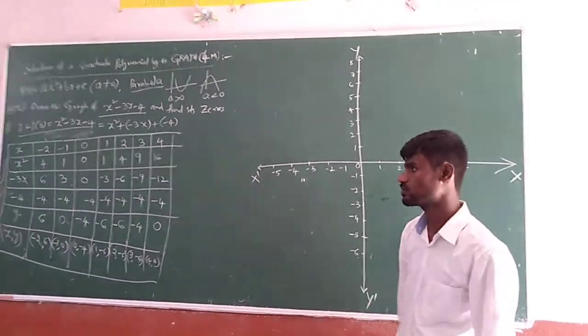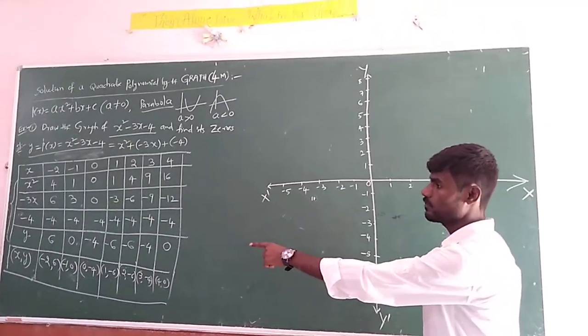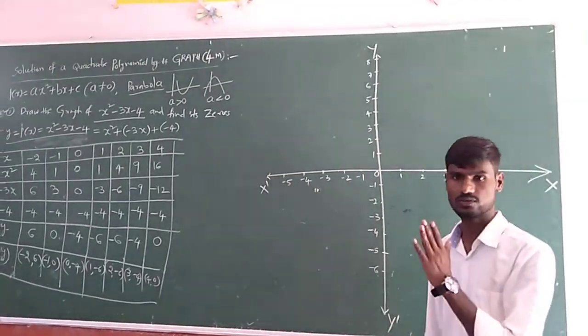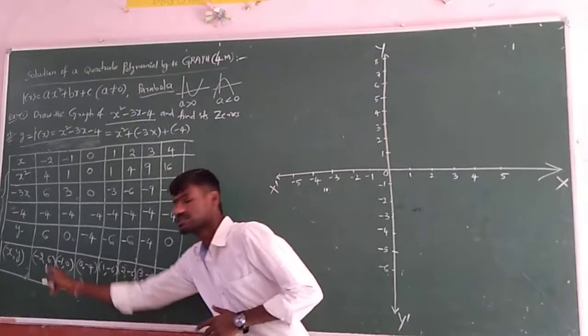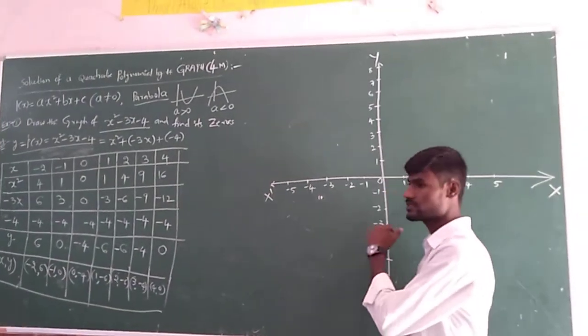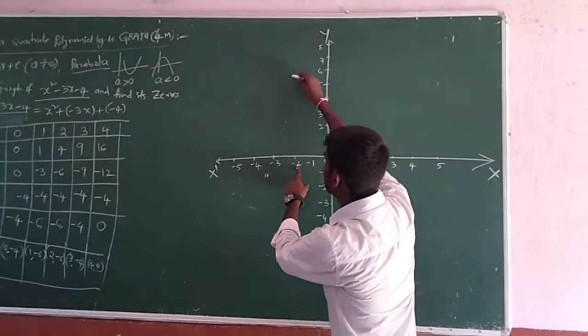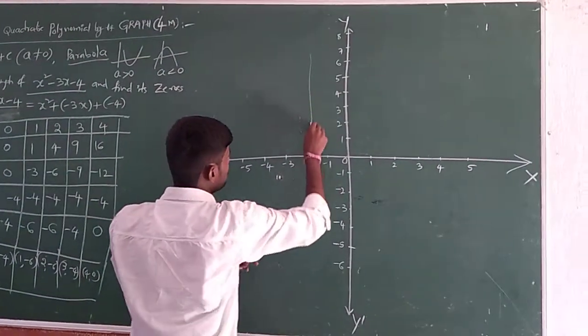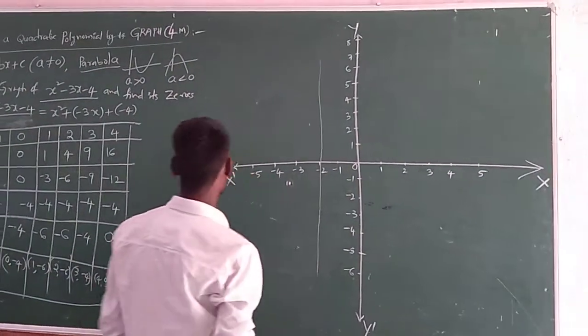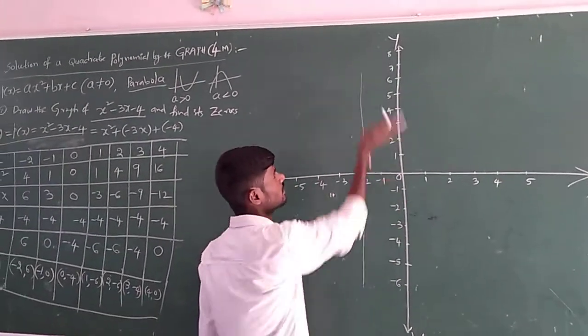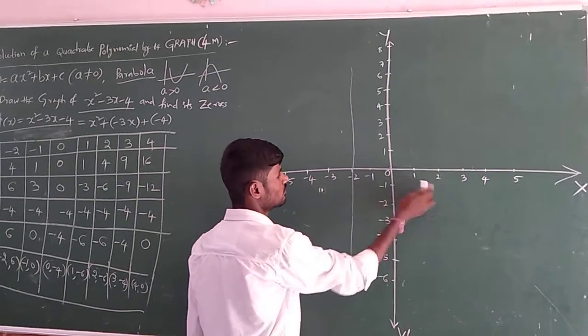Let us locate those points. What is the first point? Minus 2 comma 6. Minus 2 is the x coordinate, 6 is the y coordinate. For x coordinate minus 2, you have a vertical line on the graph sheet, to the left.